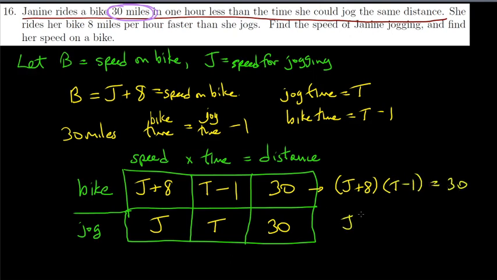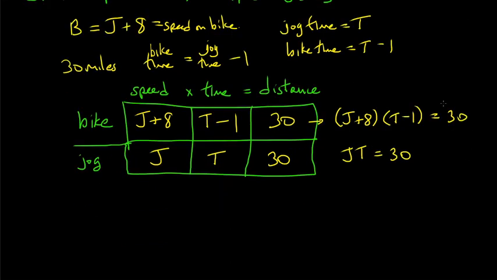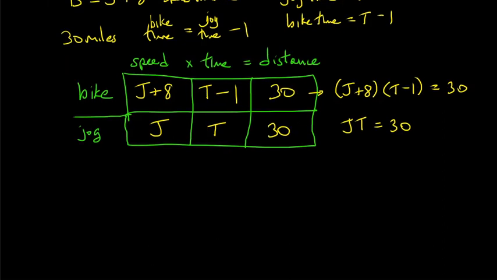And we have j times t is equal to 30. So two equations, but again, the problem is there's two variables here. So that might be a little bit confusing. All right, so those are our two equations, for better or worse.